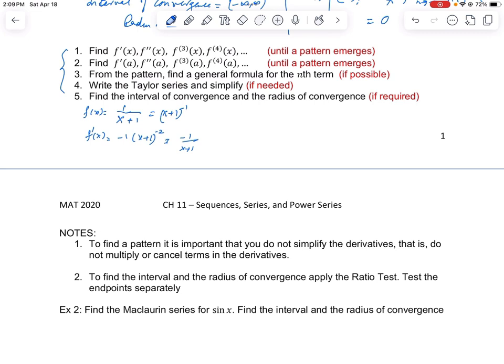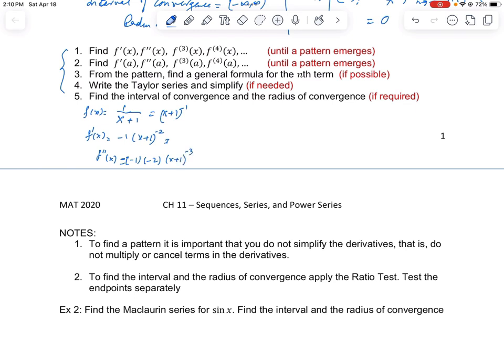Then the second derivative is negative 1 times negative 2 times (x plus 1) to the negative 3.